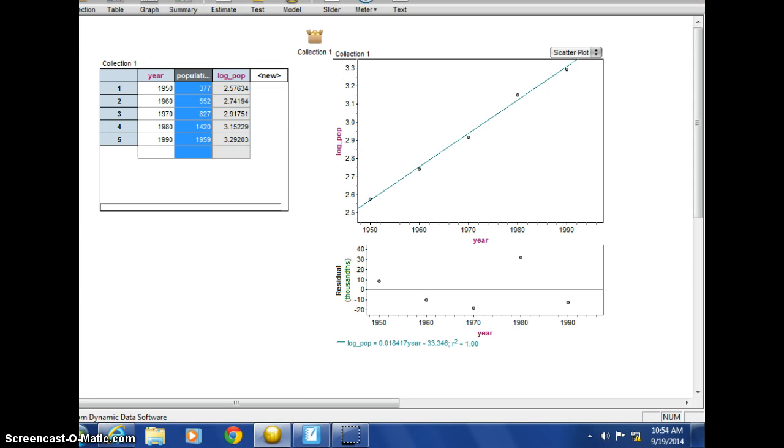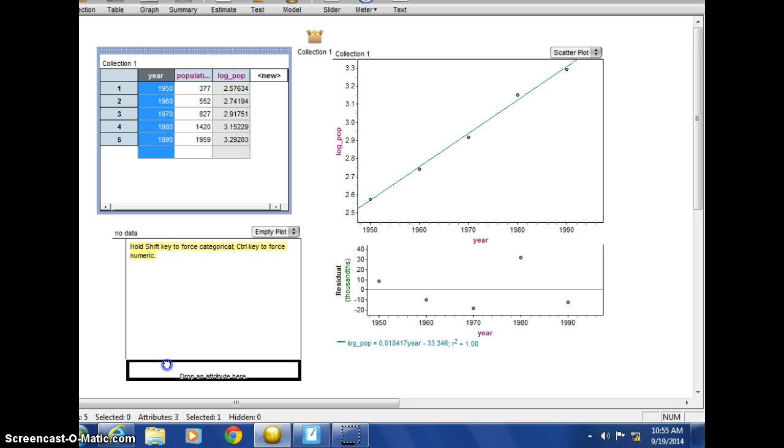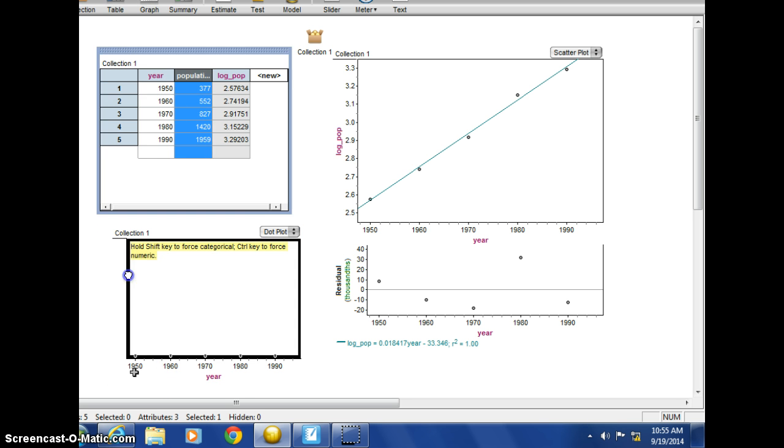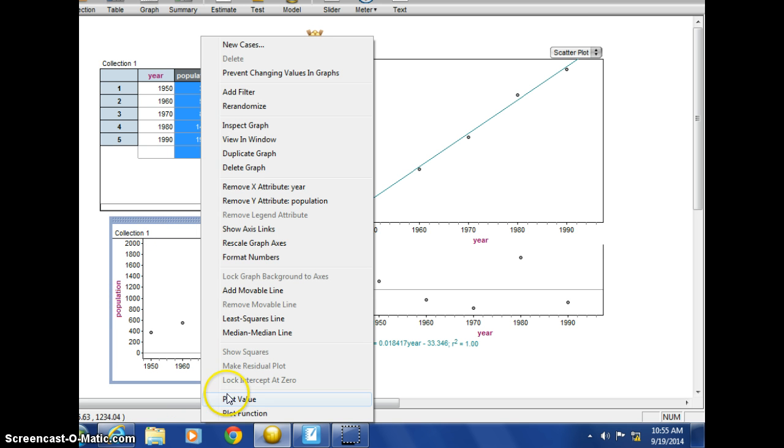Okay, since we transformed the function, we're going to graph it against our original data to take a look at our new transformed equation. So we're going to create a graph, drag a graph down, and plot year against population, or population against year, please. And now we're going to right-click and go to plot function.